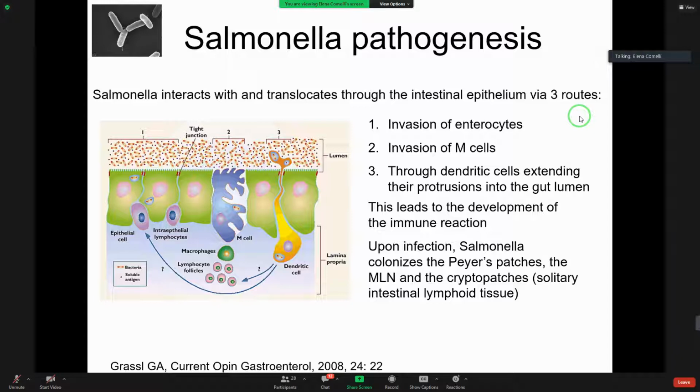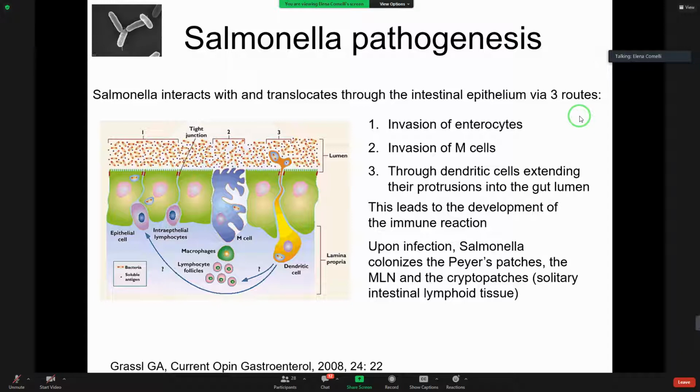There are essentially three mechanisms that have been proposed. The first one is invasion of the enterocytes. The second is invasion of the M cells that are found interspersed between the enterocytes along the epithelium lining. The third is through dendritic cells that can protrude between adjacent enterocytes and sample bacteria in the lumen.